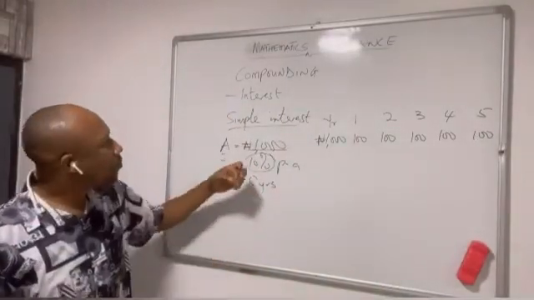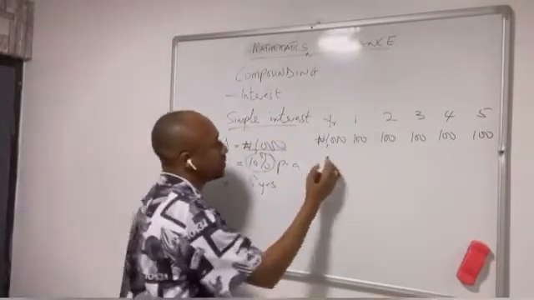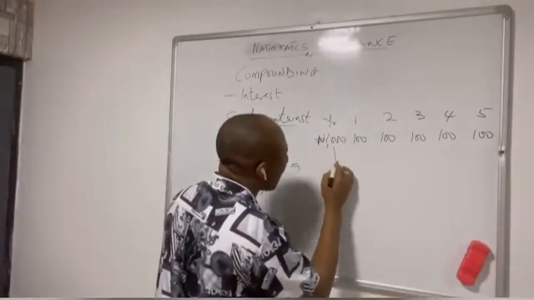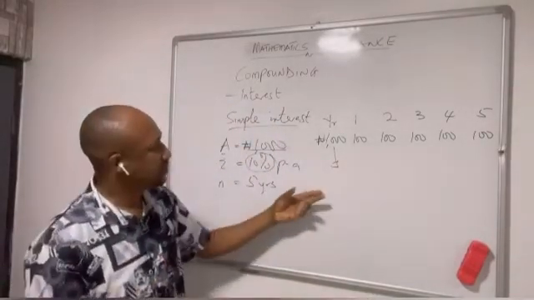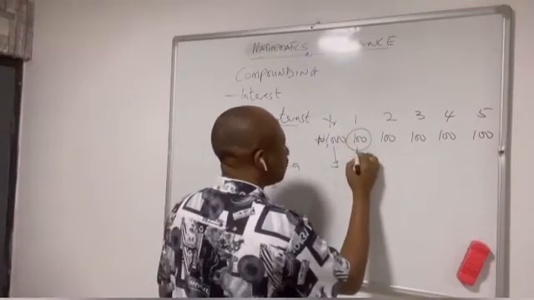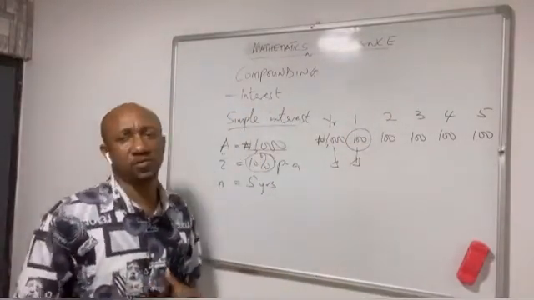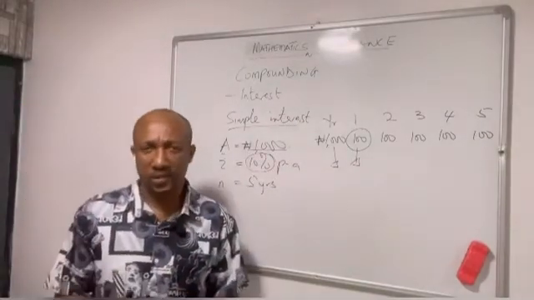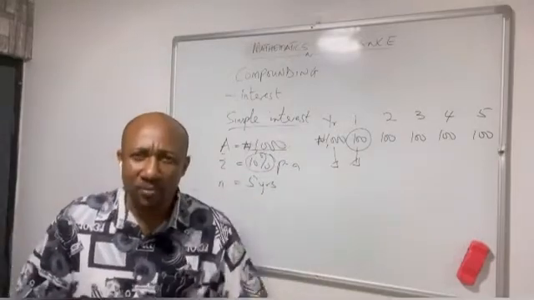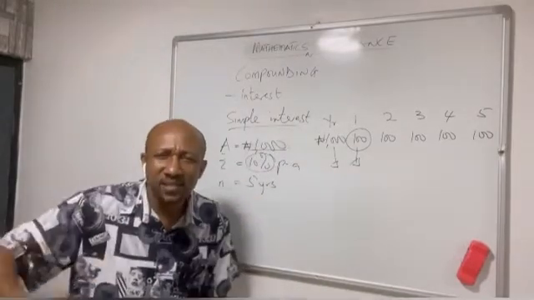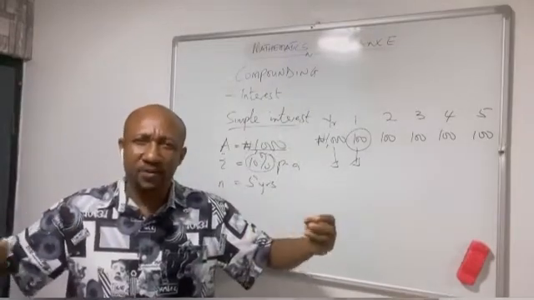But for compound interest or compounding, the amount you have saved will generate an interest in the first year, and then that interest will also continue to generate interest. That's the difference between compound interest and simple interest, in such a way that both the amount invested and the interest generated will continue to generate their own interest.